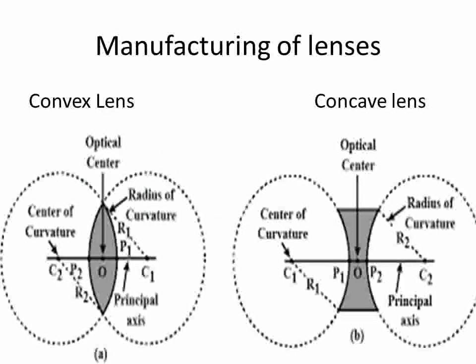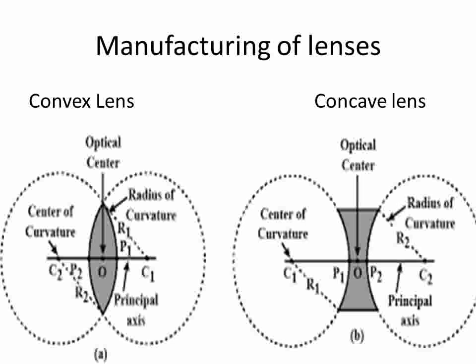Manufacturing of a lens is shown in the figure. First, for a convex lens, there are two circles having centers C1 and C2. They are intersecting each other. Then the curved surfaces of the two circles make a lens figure, that is, both are convex, a biconvex lens.